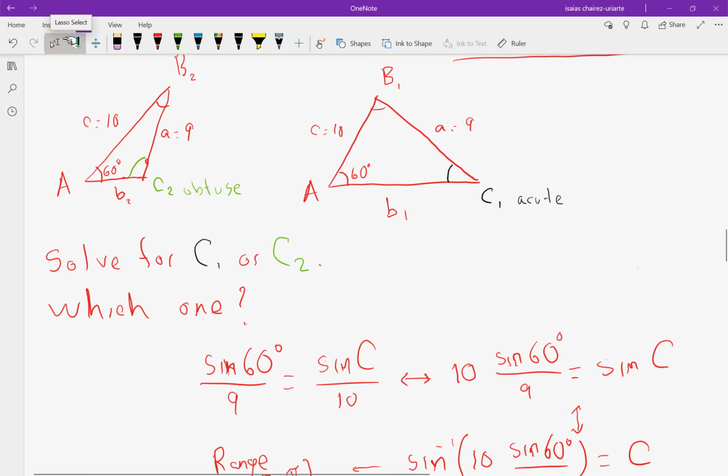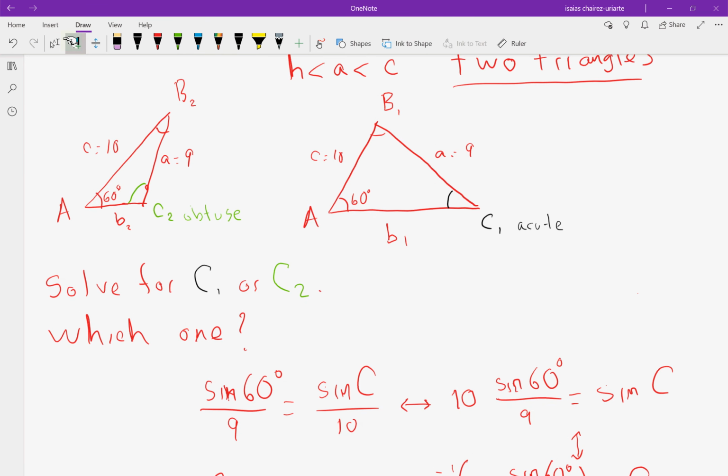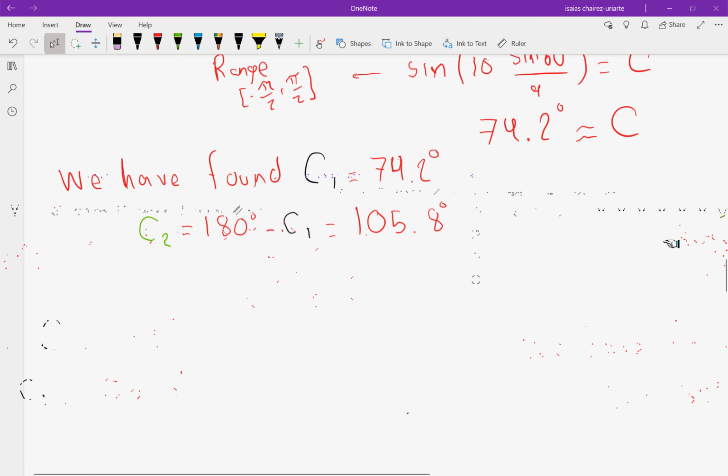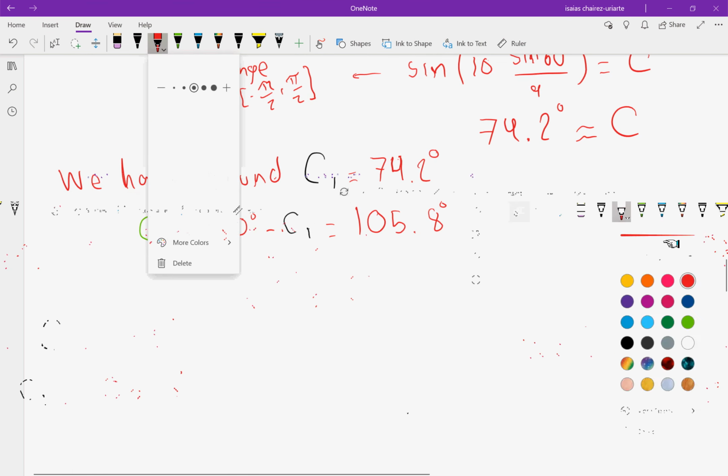I want to just copy it, and I don't want to sketch it again. So let's copy, and paste it down here.